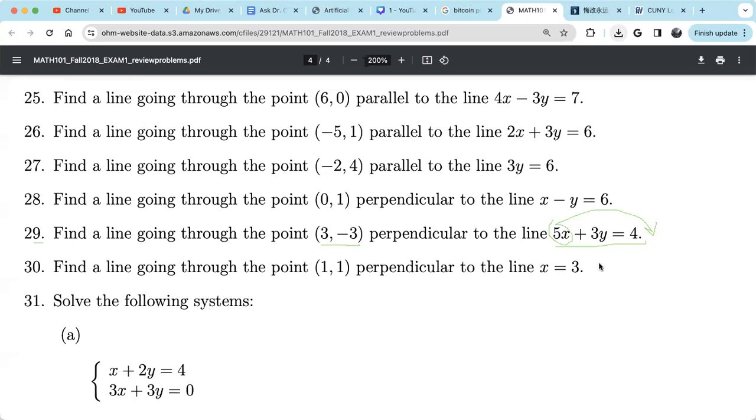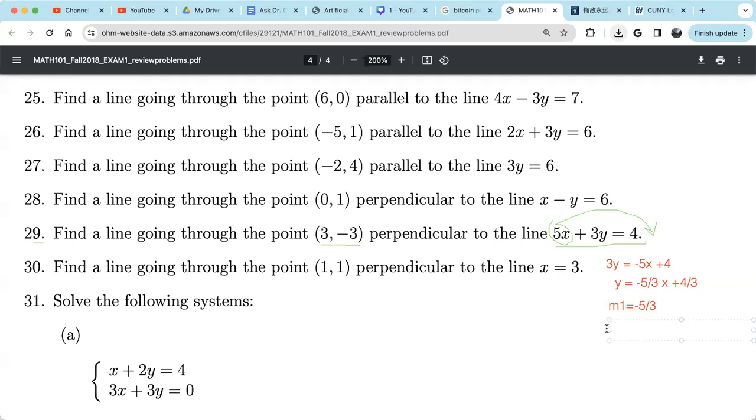So we have 3y equals negative 5x plus 4. We divide by 3 and get y equals negative 5 over 3 x plus 4 over 3. So the slope, let's call it M1, equals negative 5 over 3.